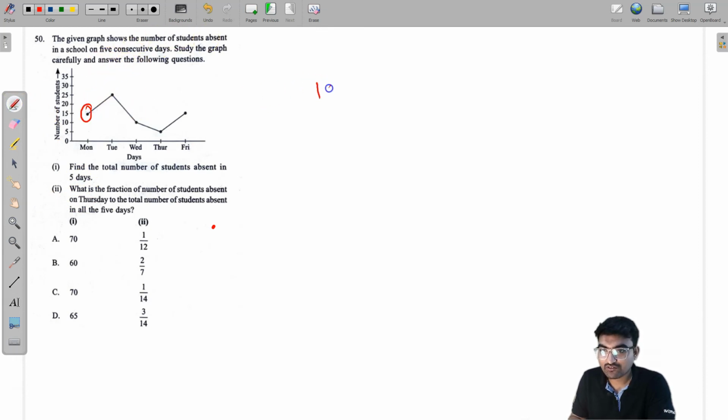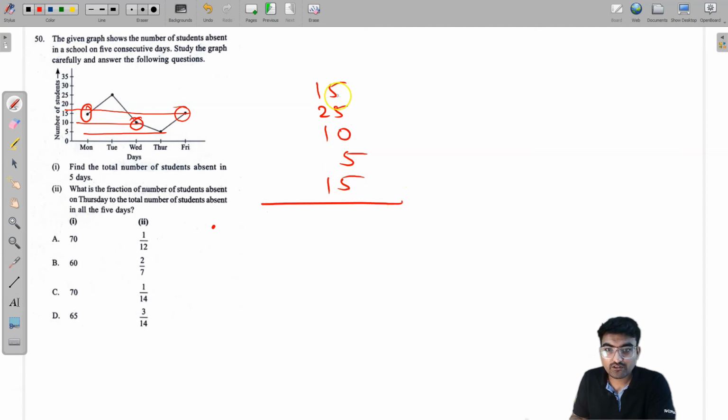On the first day 15, then 25, then 10, then Thursday 5, and then on Friday again 15, right? So how many total students are absent? 5 plus 5 is 10, and 10 plus 10 is 20, so 0 carry 2, and the total is 70 students absent. That means either option A or option C.